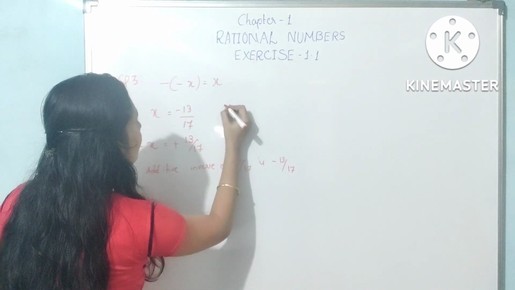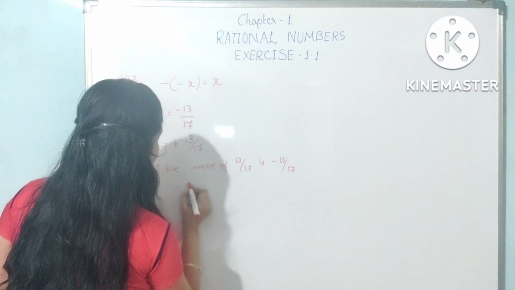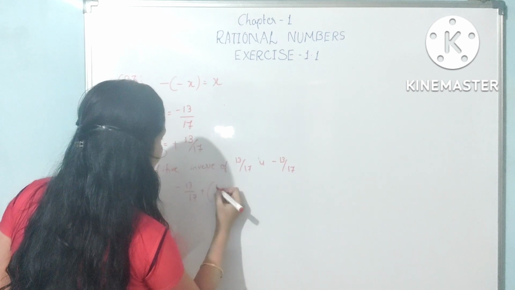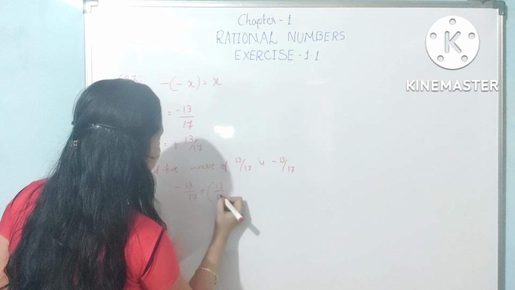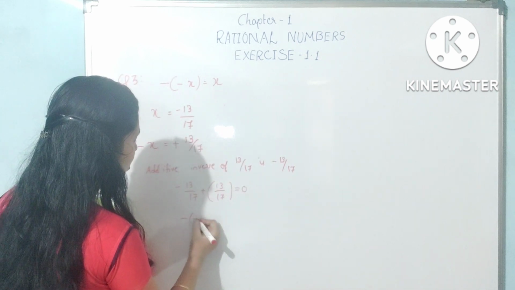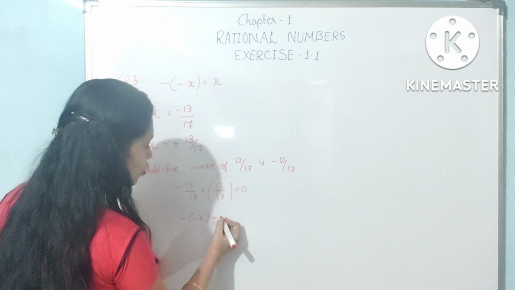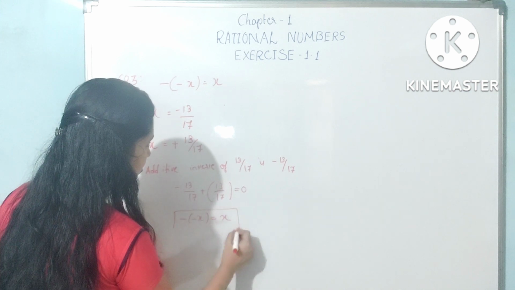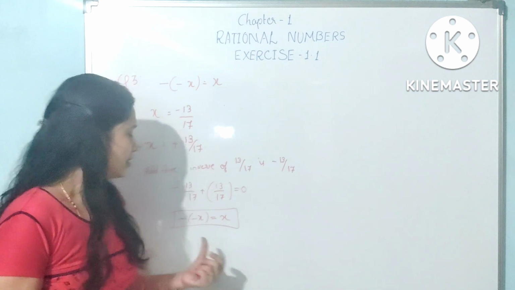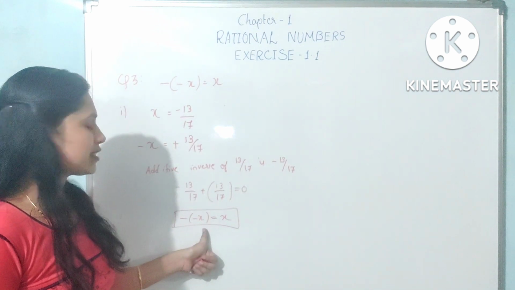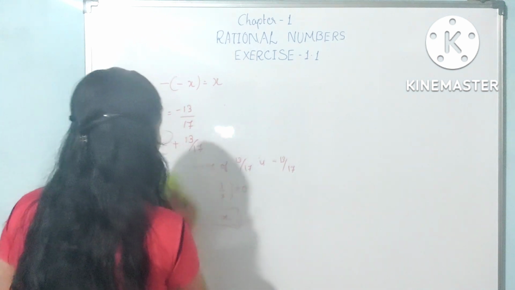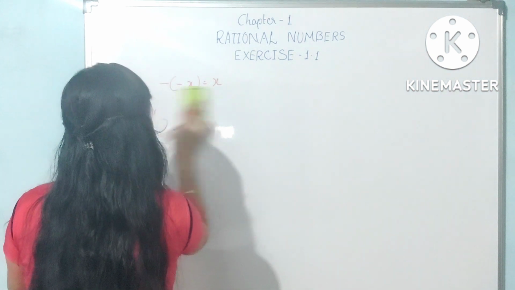Because if we add minus 13 by 17 plus this value 13 by 17, the value will become 0. So we can say minus of minus x is equal to x. Right? Similar way how we have solved the previous question. Here also minus of minus x will become plus x. Okay. So we'll quickly move to the next question.